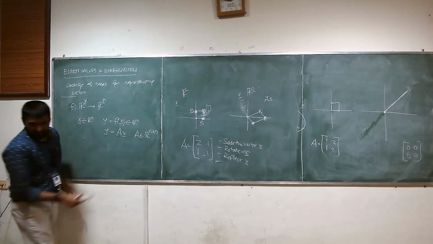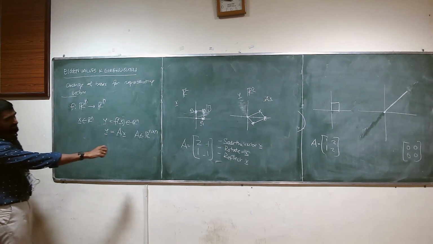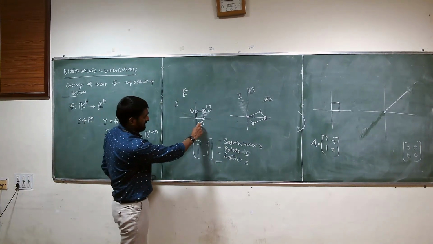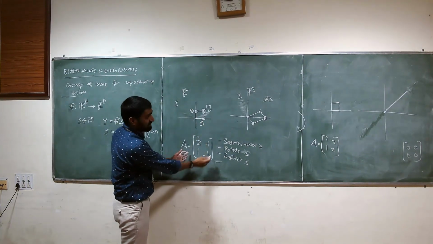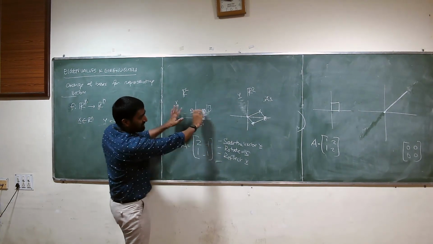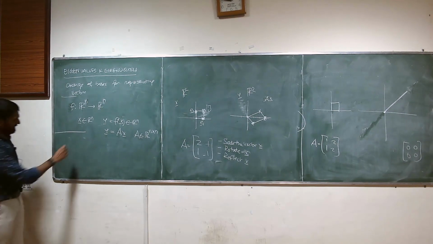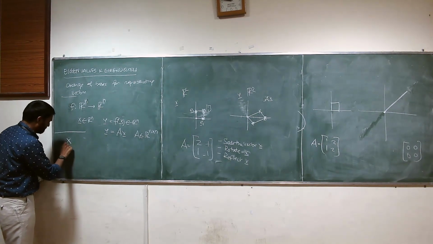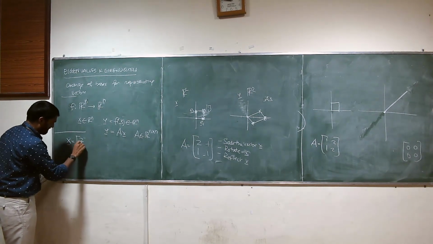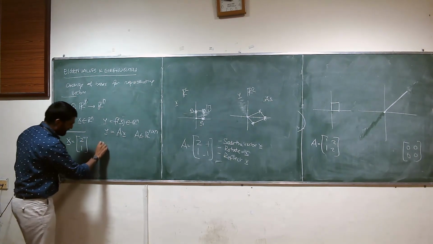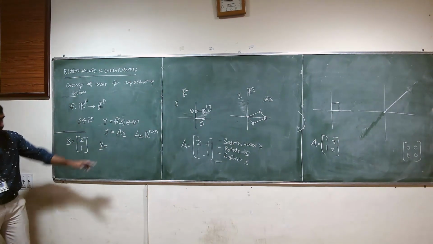Now, and again, because I've put down numbers, we've started with this, right? Now, let's take a vector x. What is my y for this one?